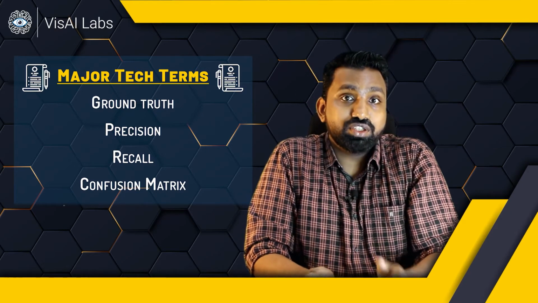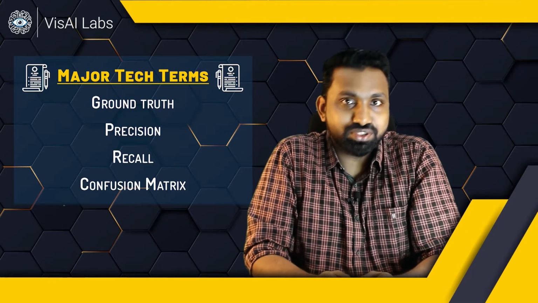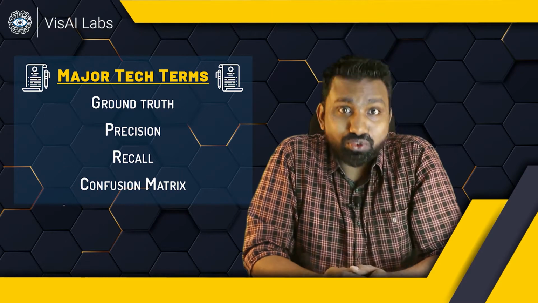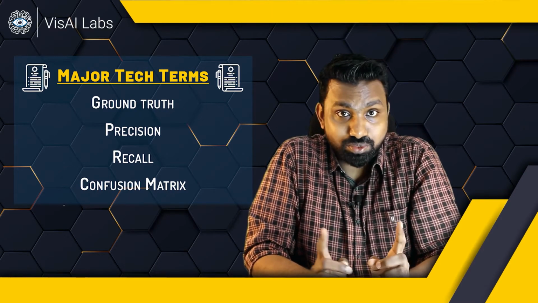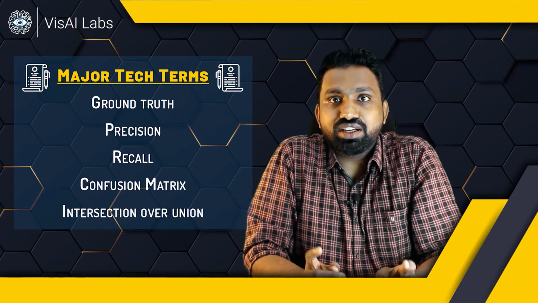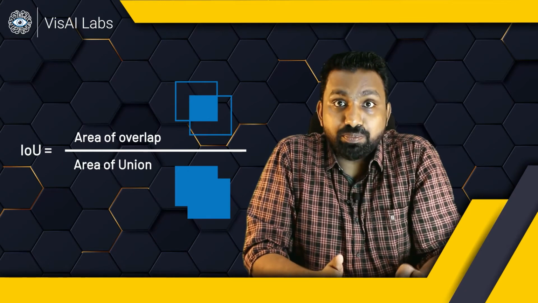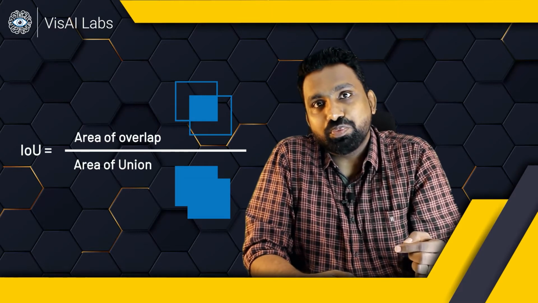In a confusion matrix, true positive means that a person who's detected is actually a person, while false positive means the person who's detected is not a person. True and false negatives should also be looked upon in a similar way. And finally, one of the most important terms you should understand is intersection over union, which is a measure that evaluates the overlap between ground truth annotated bounding boxes and predicted bounding boxes. The lower the IOU, the lower is your prediction result.